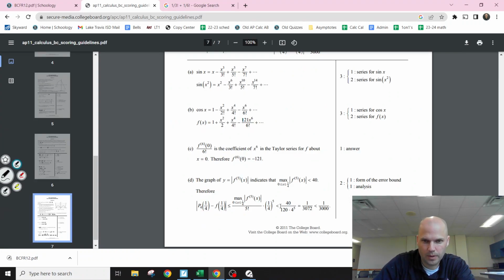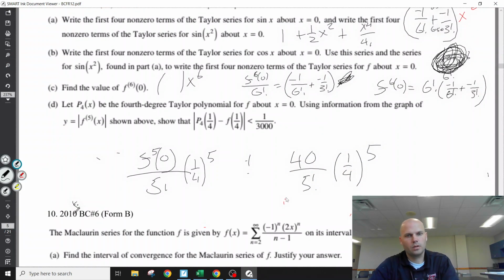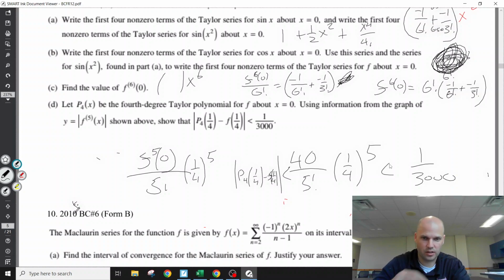One form of the error bound. So that means this has to be less than that, which is less than that. And how do you know that? You're just going to go for it.